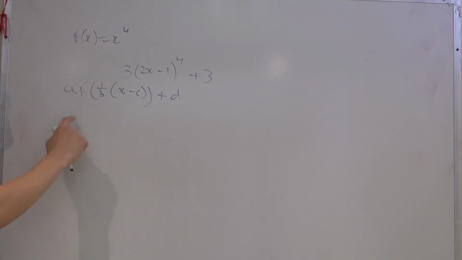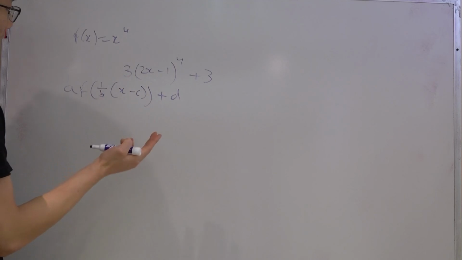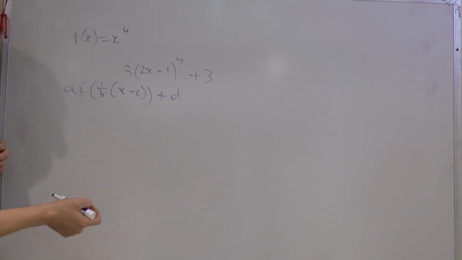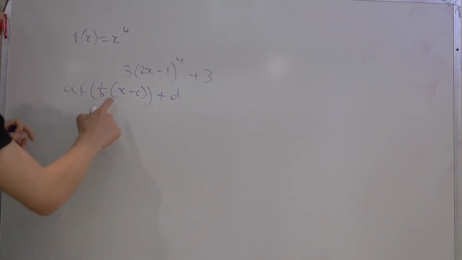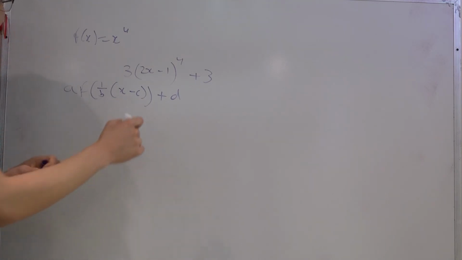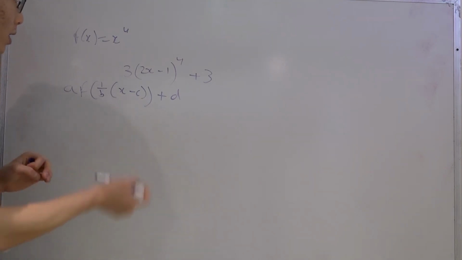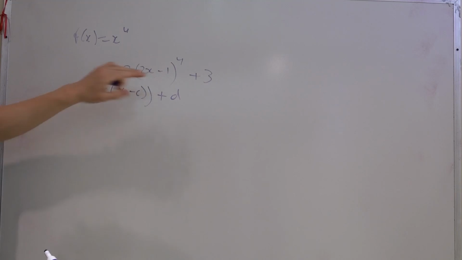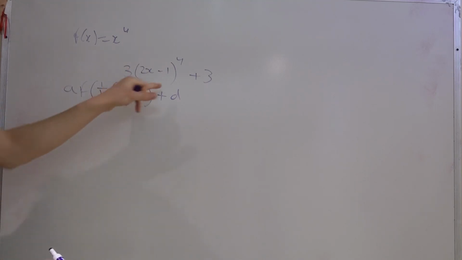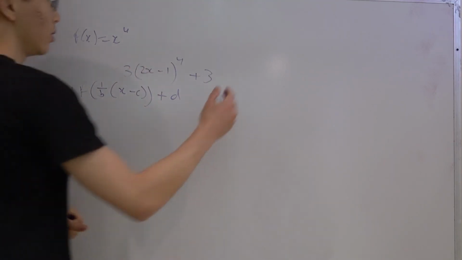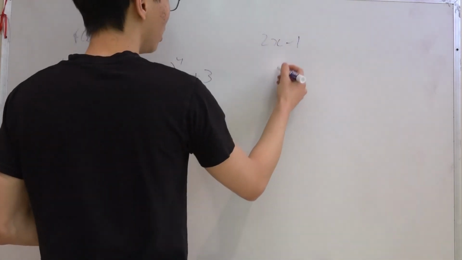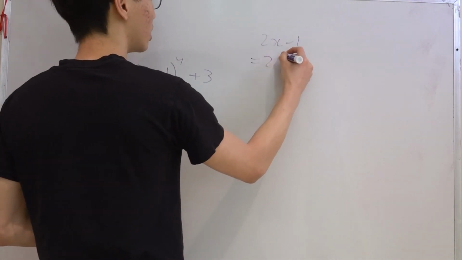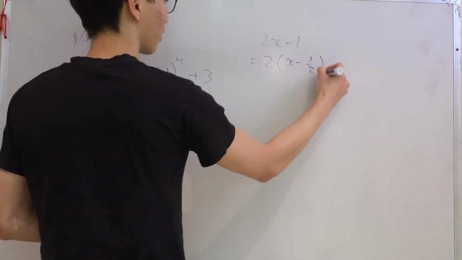So I need to get into this form. The only thing that could ever really cause problems is the b. So what you need to do is make sure that your x is totally separated into a factor that looks like this. That means I need to take out this 2 somehow, and I have to take it out from the 1 as well. I have 2x minus 1, but this is the same thing as 2 times (x minus 1/2).